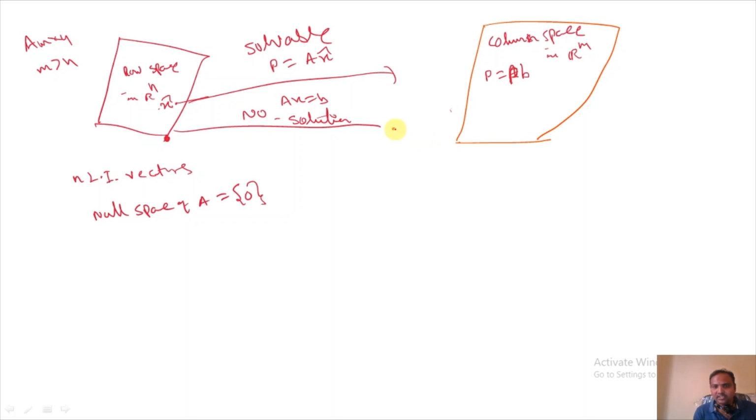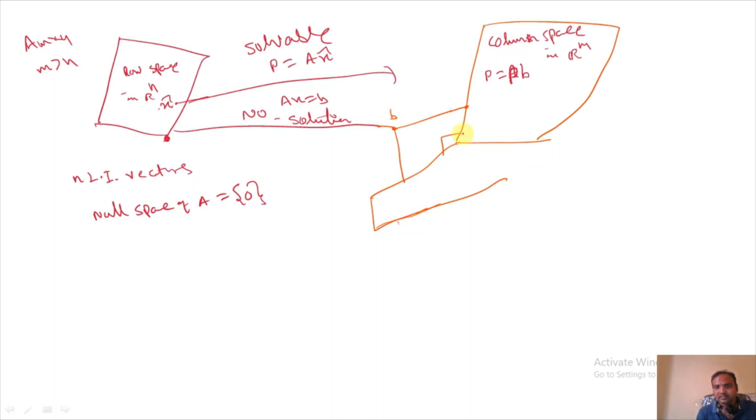Suppose b is outside of this. That means we have to project this b vector into the column space, and when we project, we get some error also. This error is orthogonal to the column space. This is the error vector in the left null space.